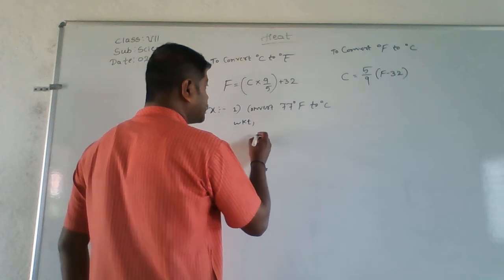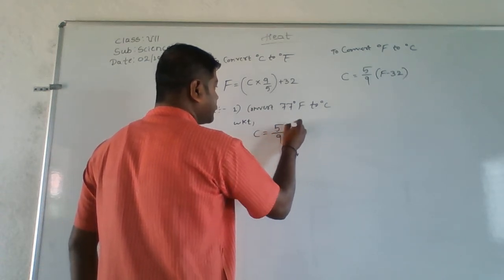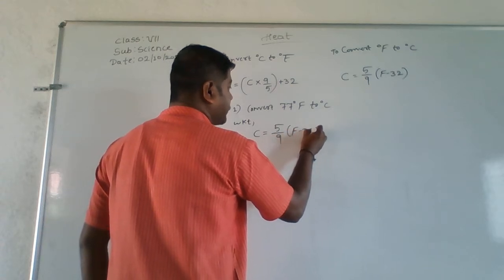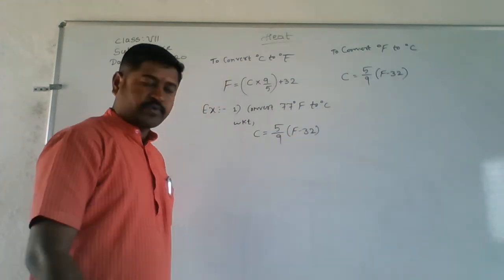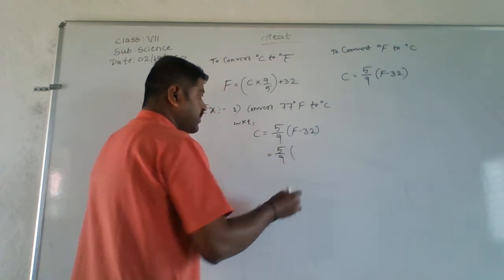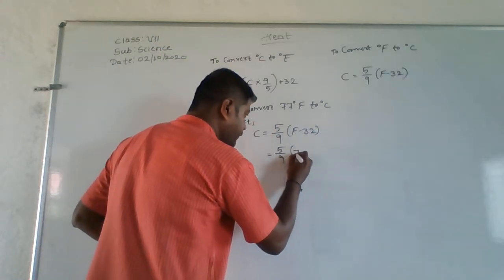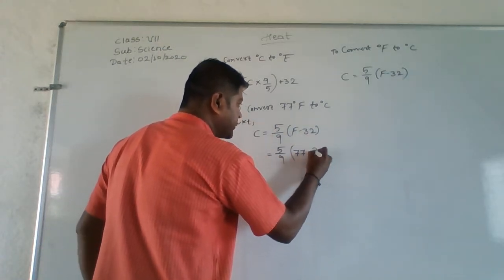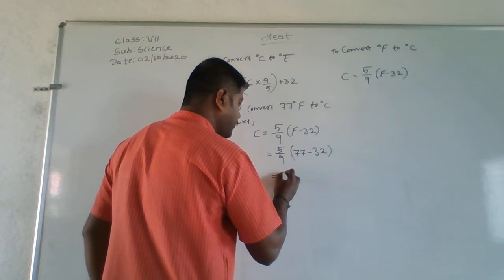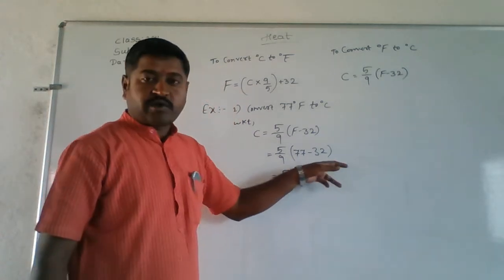We know that Celsius is equal to 5 by 9 into F minus 32. So 5 by 9 as it is, F, how much they are given F? It is 77. Then minus 32 as it is. So now 5 by 9 bracket 77 minus 32.